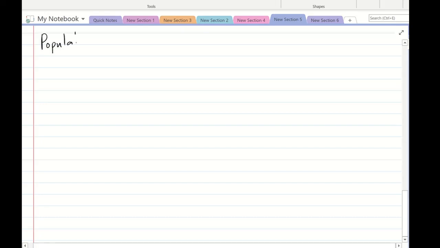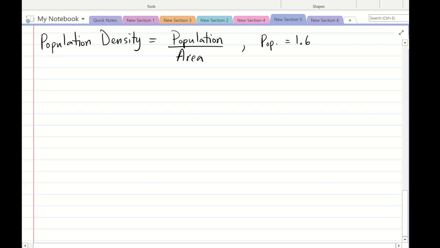Population density, right? We're going to write it as PD later on, equals population over area, right? Now the population here, right? Population of Manhattan is 1.65 million.